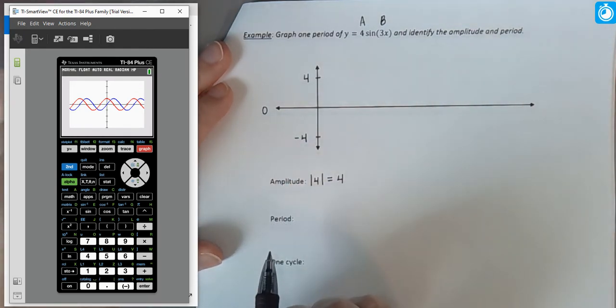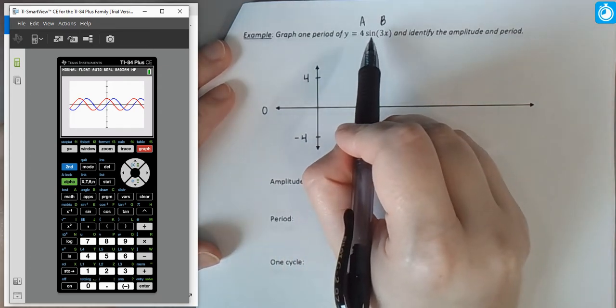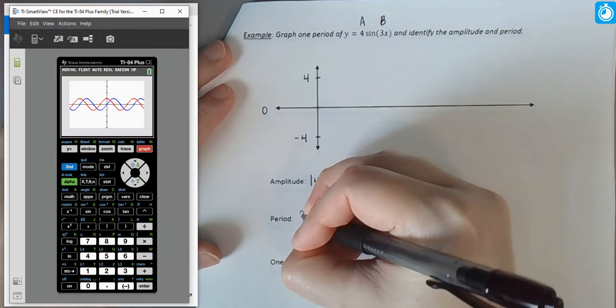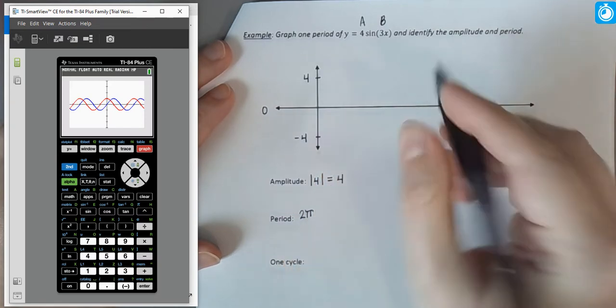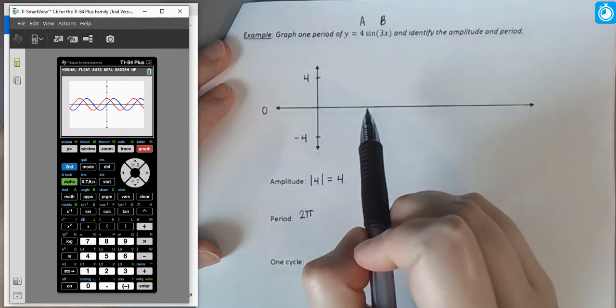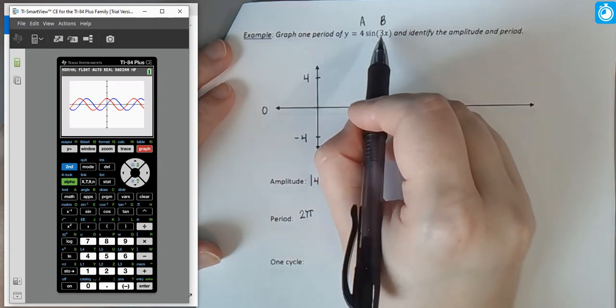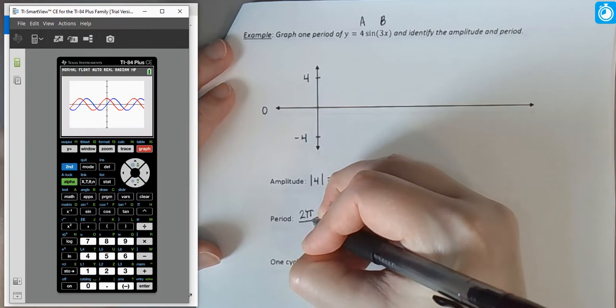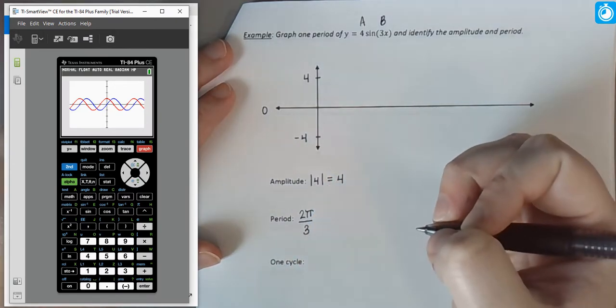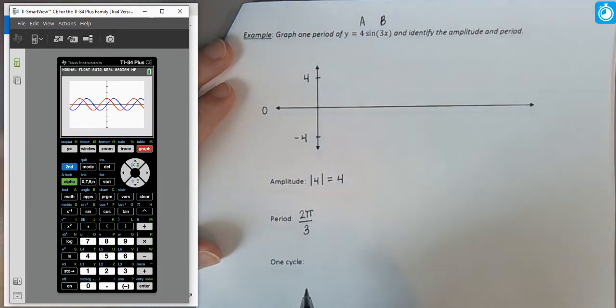Okay, now our period. What's the period going to be? Well, the standard period for sine is going to be 2 pi. And this value for b changes that period based on division. So if we take our standard period and divide by whatever number we have, represented by b, that is going to be our new period.